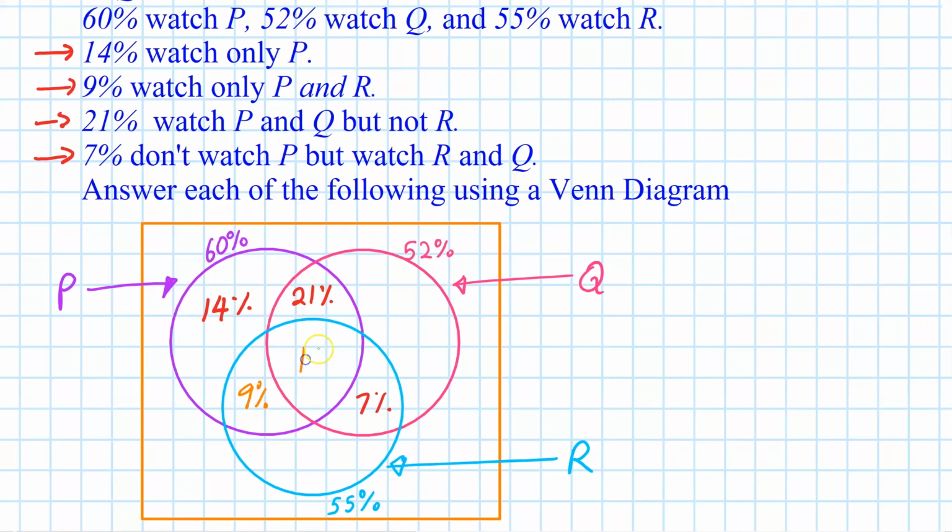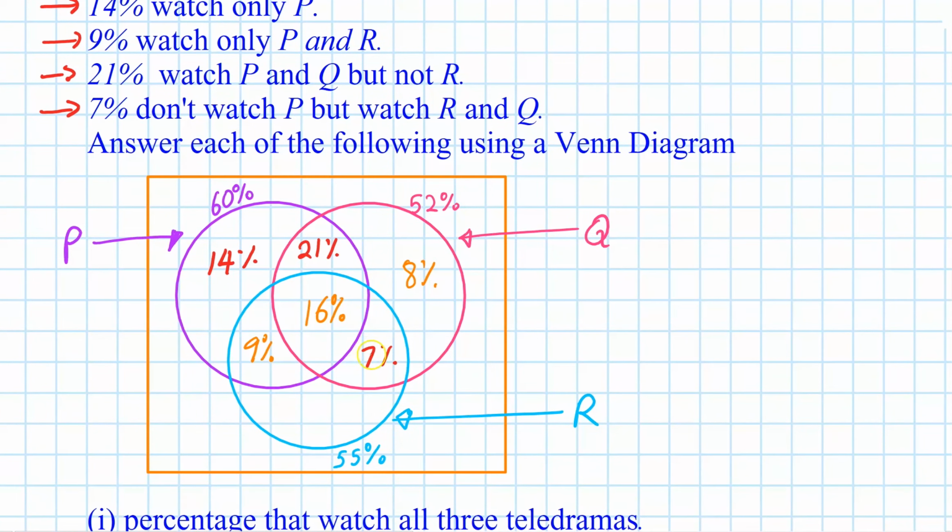So the leftover is 16%. Goes into the middle. If I know the circle value is 52, we can find the percentage for only Q. Let's add 21 and 16, that gives us 37, and then 7, 44, leftover is 8%.